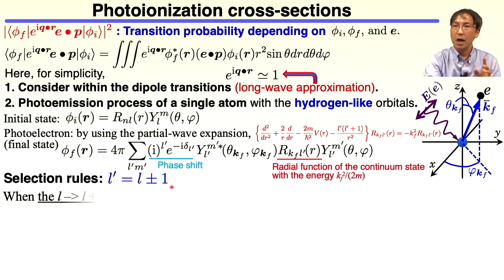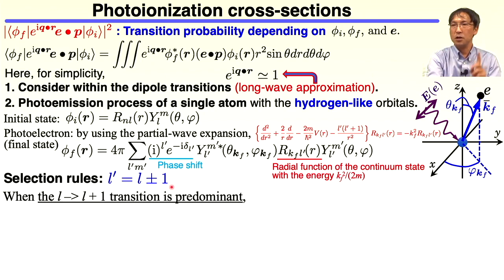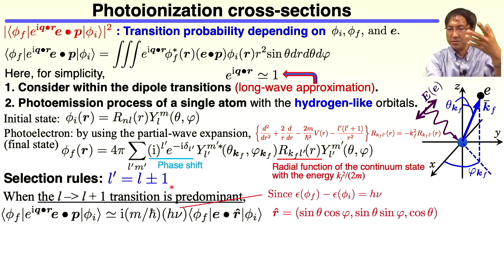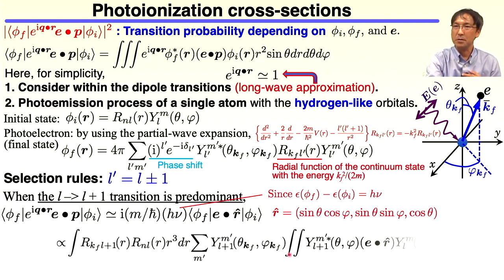Further, we assume that the l+1 transition is predominant, which is in reality the case in most cases when the photoelectron kinetic energy is well higher. Here the photon energy hν appears since the energy difference between the initial and final states must be the same as the excitation photon energy owing to the energy conservation law. Then this formula is proportional to this one.